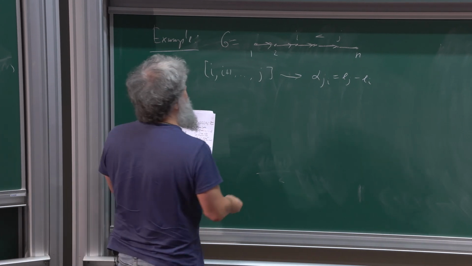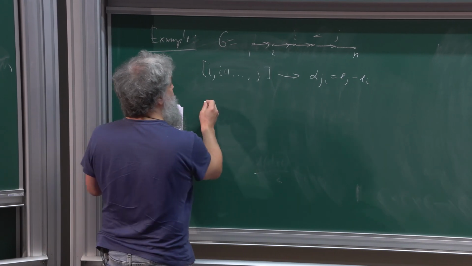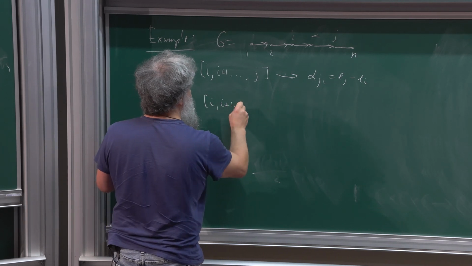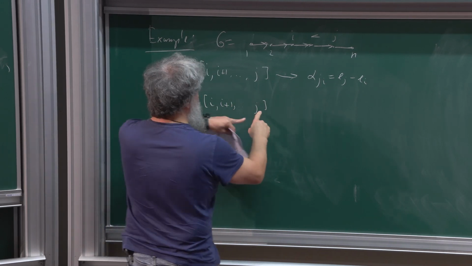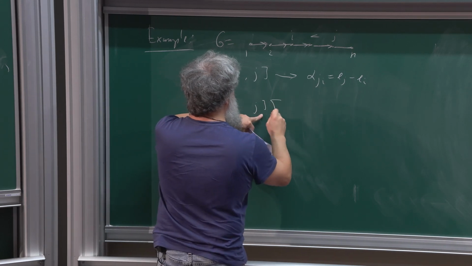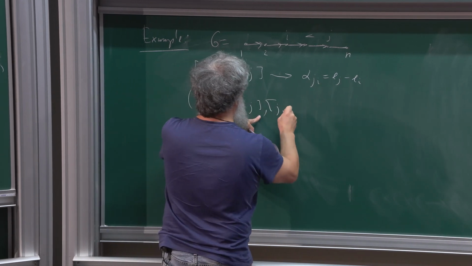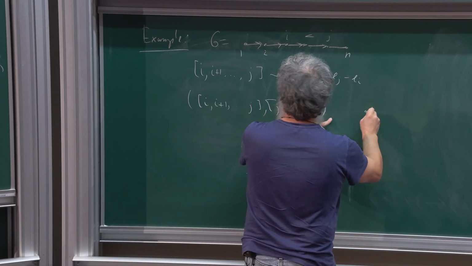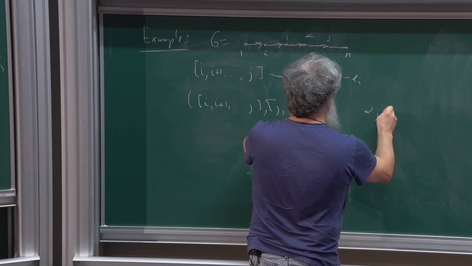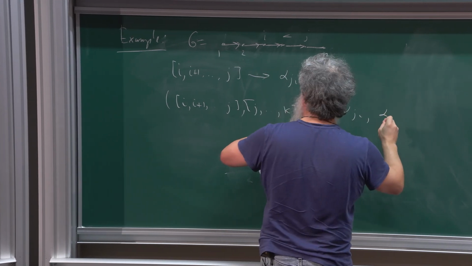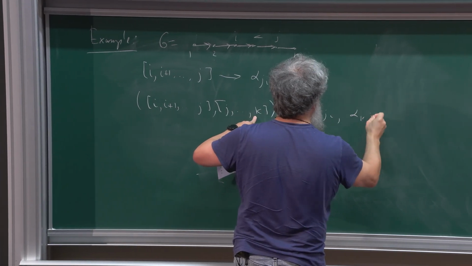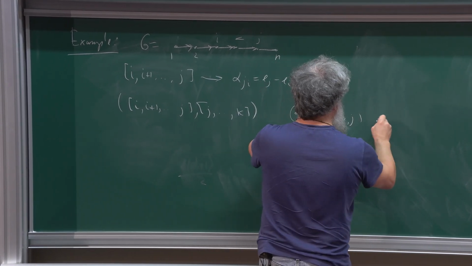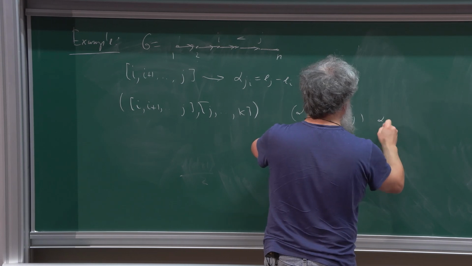And then the condition of concatenation is just that if we have two paths, they form a tandem. So if we end at J, then we have to start again from J. That means that we have roots alpha JI and alpha KJ, and therefore the sum of these two roots is also a root.